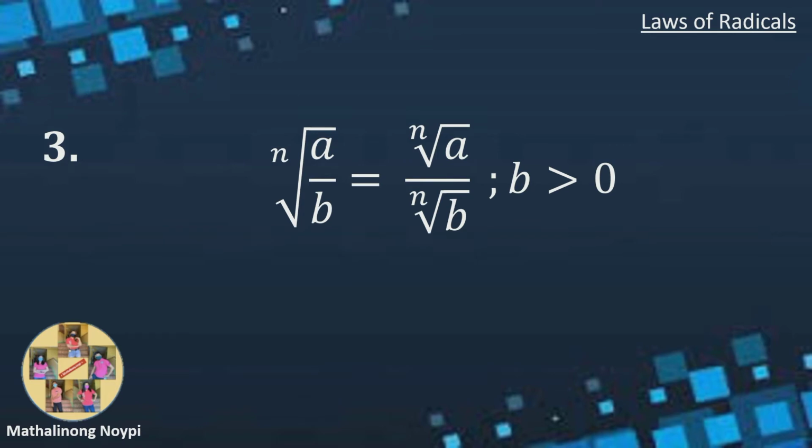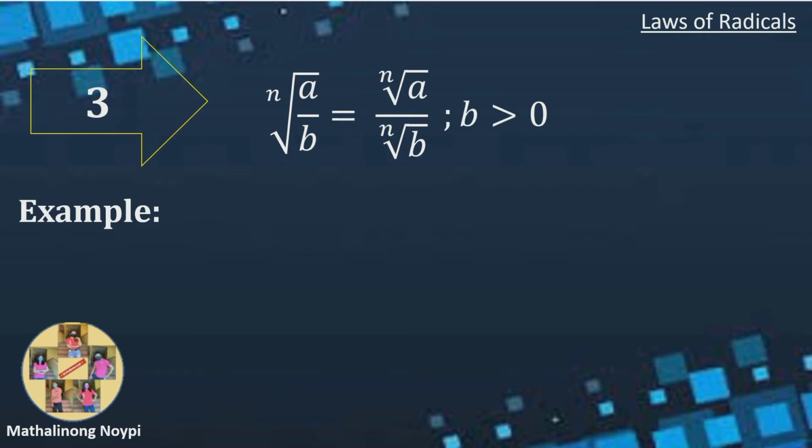Now, let's proceed to the third law, which says the nth root of the ratio a and b is equal to the nth root of a divided by the nth root of b, where b must be greater than 0. For example, we have the square root of 9x squared over 25y squared.